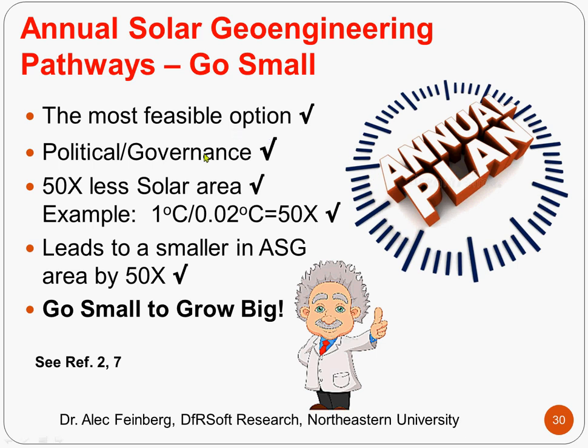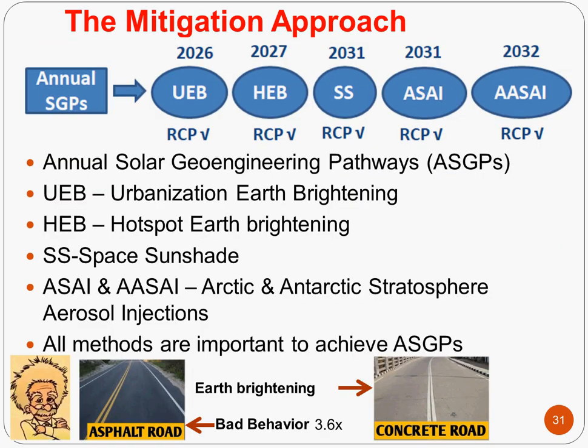It helps for political and governance reasons. It's 50 times less solar radiation modification area. It leads to smaller annual solar geoengineering areas, as I just mentioned. It's better to go small than big, especially in the beginning, where right now we're able to afford that. And that gives us time to reduce the CO2 issues.